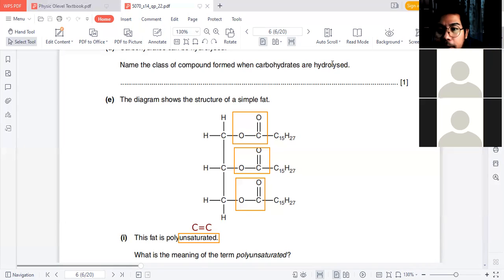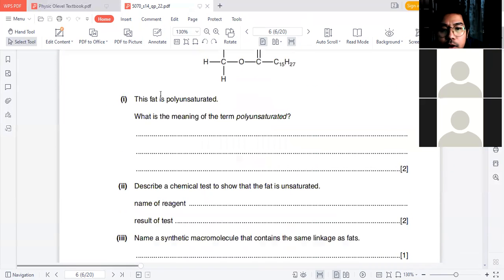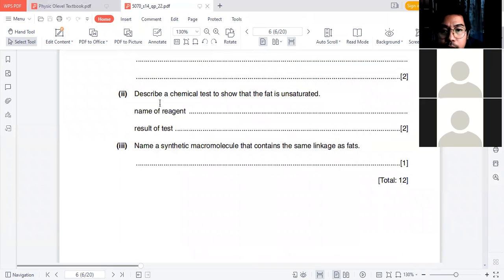Yes. Okay, now let's clear that off and move on. So what else? Describe a chemical test to show that the fat is unsaturated. What is the reagent we use to show that there is unsaturation?